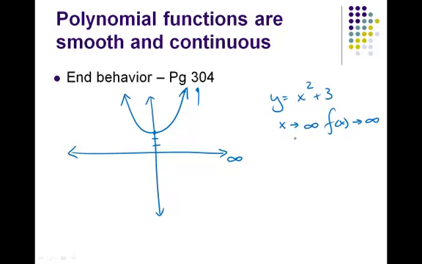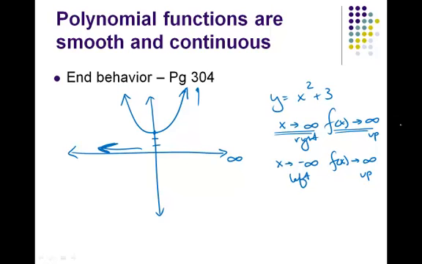So as x moves to the right, f of x goes up. As x goes towards the left, towards negative infinity, as we're heading in this direction, what happens to f of x now? Well, it still is going up, so it's going towards infinity. So as x goes towards the right, f of x goes up.